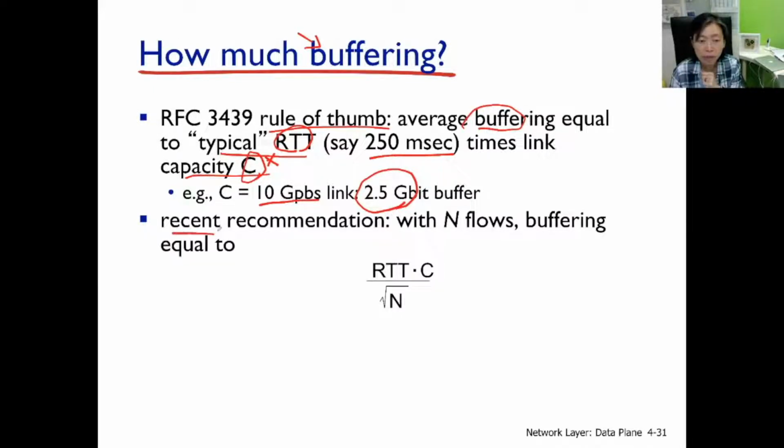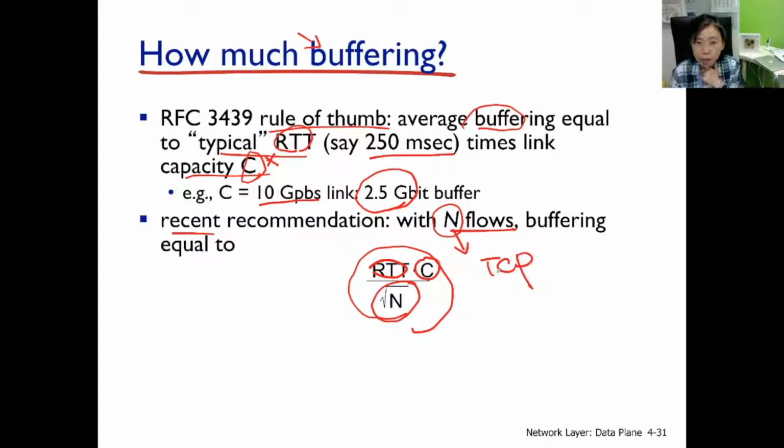Some recent studies discovered this: if all the flows going through the router are TCP flows, and if there are n of them, we could reduce the buffer requirement to this amount. Still RTT multiplied by C at the top, but we divide it by a certain factor. The more TCP flows there are, the more we can reduce the buffer space requirement. So n here means n TCP flows.